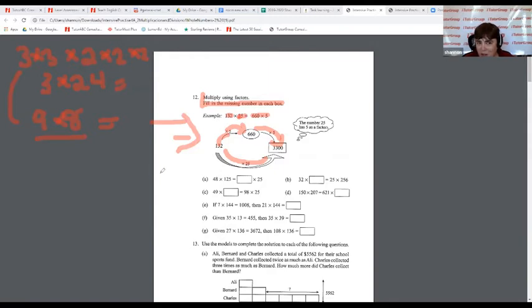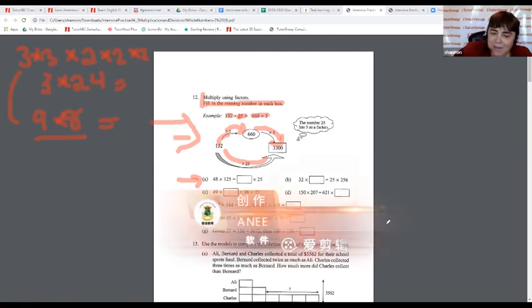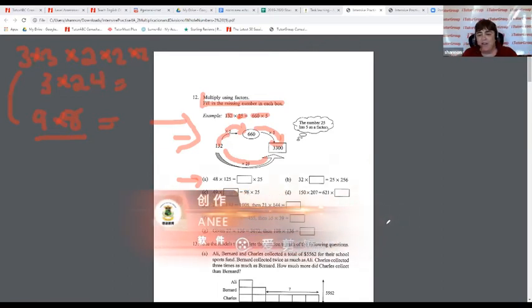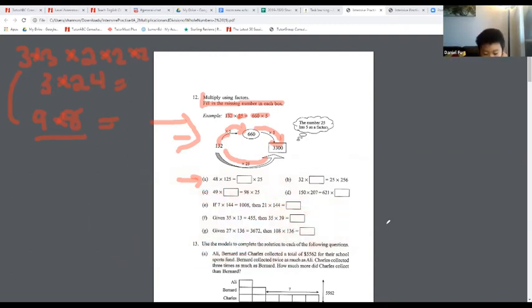So based on that model, Daniel, do you want to try 48? Try A here. 48 times 125 is the same thing as what times 25? 480 times 25. It isn't, because, okay, what's 48?